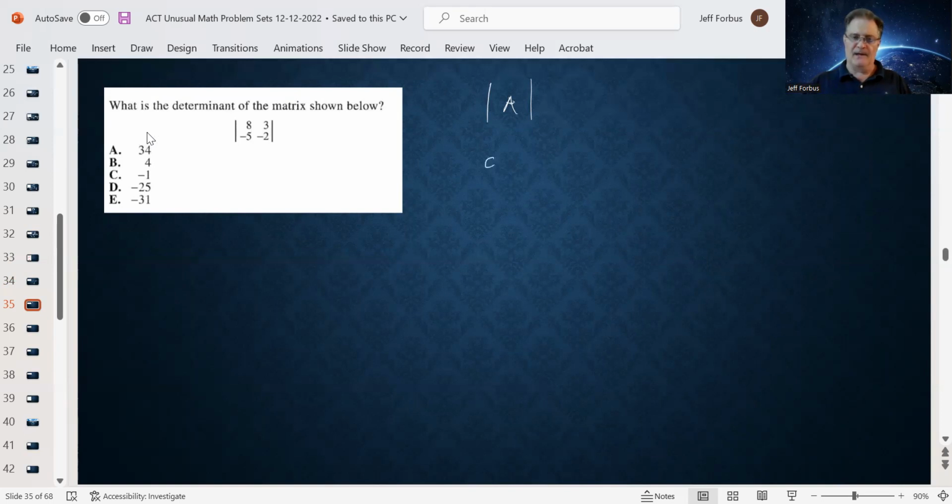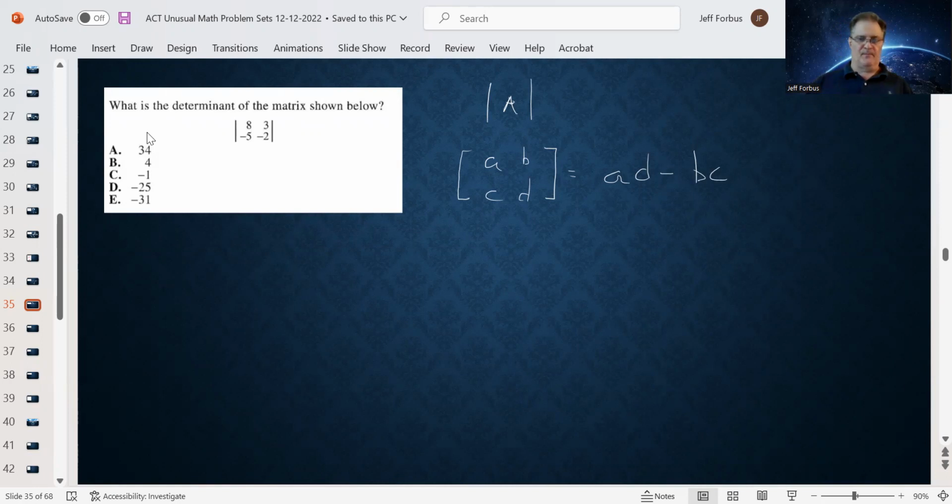So A, B, C, and D. So here's our matrix. This is our formula. To determine the determinant, we're going to say A times D minus B times C.